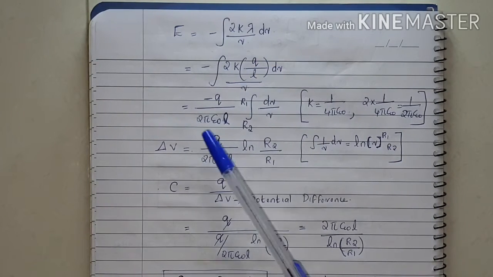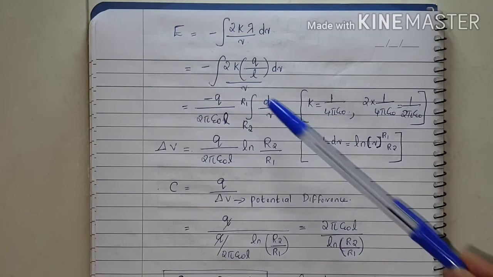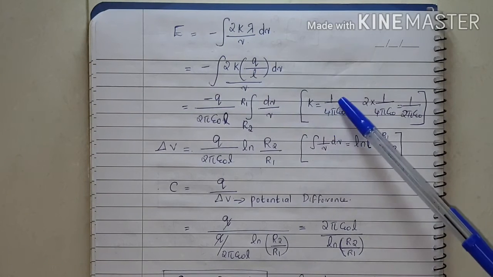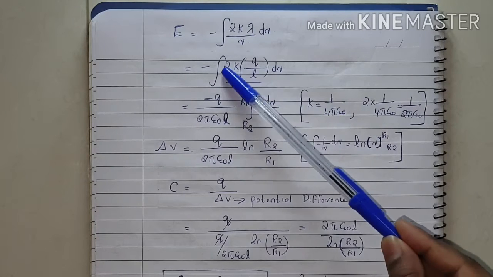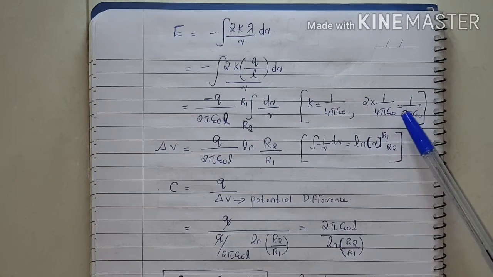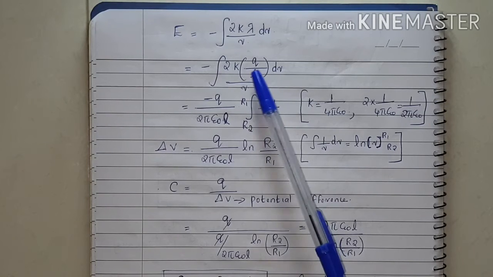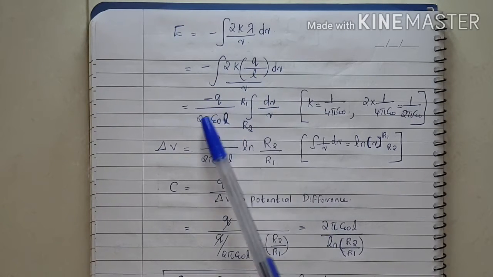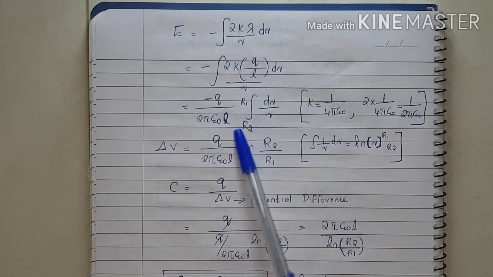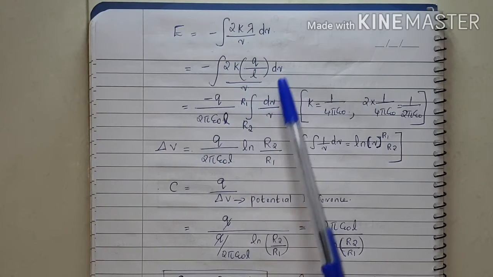We can take the constants outside and substitute the value of k, 1 by 4 pi epsilon 0. So 2 into 1 by 4 pi epsilon 0 becomes 1 by 2 pi epsilon 0. That is minus Q by 2 pi epsilon 0 L integral R2 to R1 dr by r.